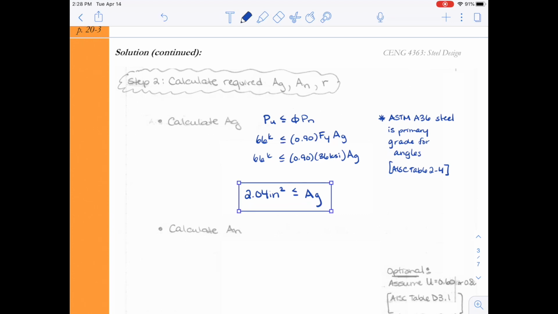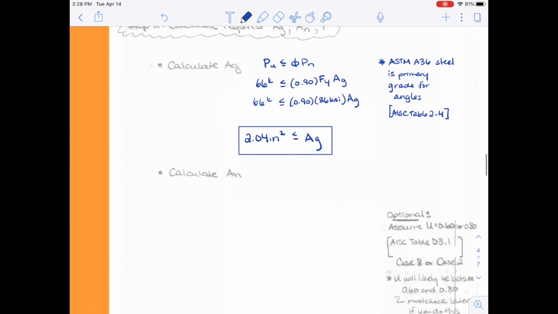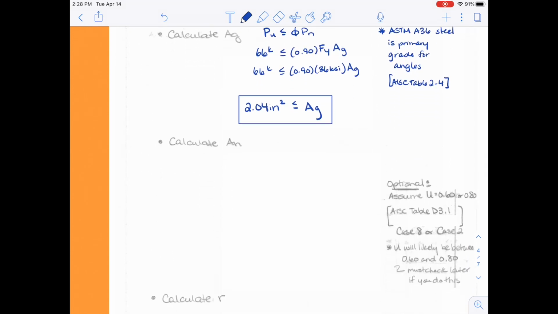We'll do the same for the net area. So we start, now, from our fracture standpoint. P sub u has to be less than or equal to phi Pn. So that means 66 kips has to be less than or equal to, phi is now 0.75 for fracture, F sub u times An, so that is our effective area.